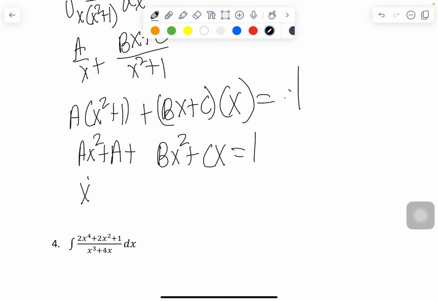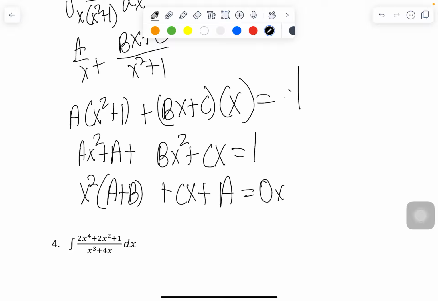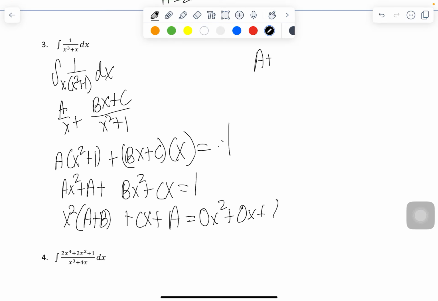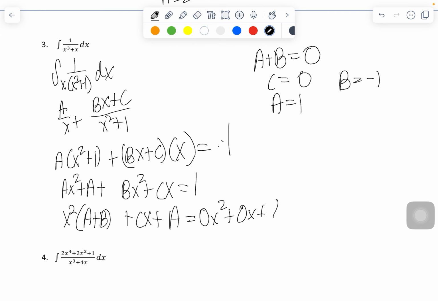So then we'd have our system where a plus b equals 0, c equals 0, and a equals 1. So that means b equals -1.